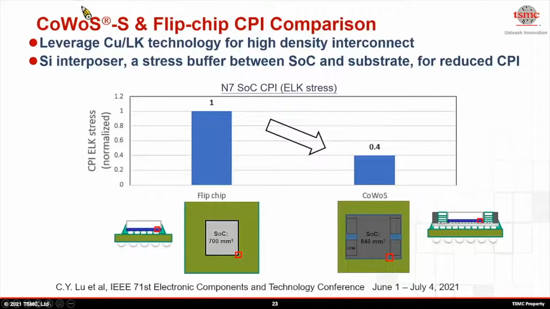When package envelope continues to increase and with SoC scaling, the CPI issue, chip package interaction, becomes more challenging for flip chip MCM. For CoWoS, however, silicon interposer serves as a stress buffer. CPI stress induced is significantly reduced by 60%, showing CoWoS is much more immune to CPI.